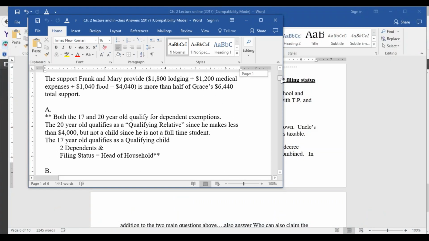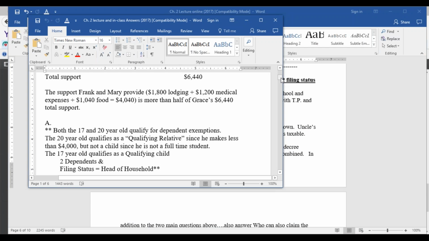So with A, this individual could claim both children as dependents. The first one would qualify as a qualifying relative. They're not a qualifying child because they're over the age limit, and they're not a full-time student, but they made less than $4,050.